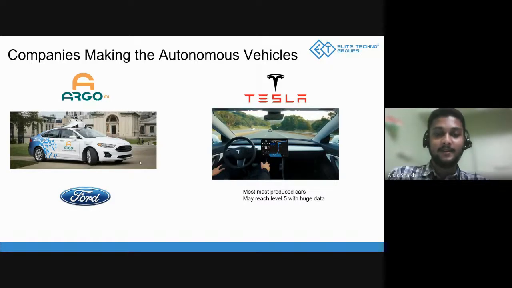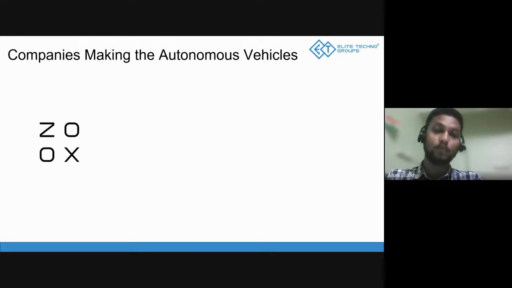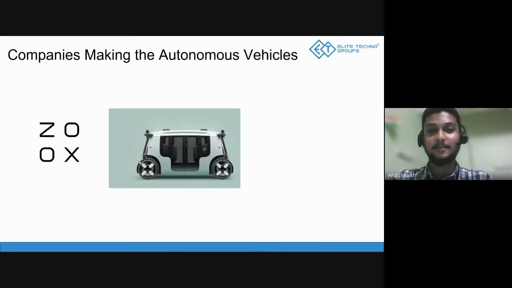Okay. And lastly, there is one more company that I would like to talk about, and I don't know whether you guys have heard of it. It is Zoox. Very odd name, but they have built a very beautiful robot taxi basically. They didn't start from level 0, 1, 2, 3, 4 of autonomy.